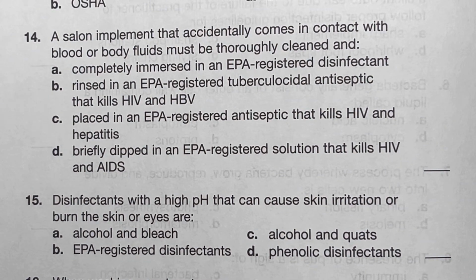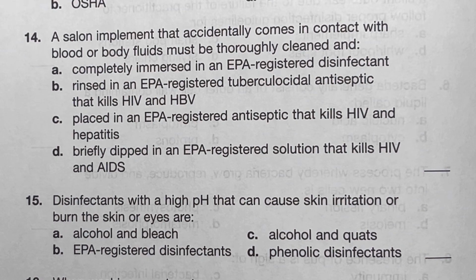Number 15. Disinfectants with a high pH that can cause skin irritation or burn the skin or eyes are A. Alcohol and bleach. B. EPA-registered disinfectants. C. Alcohol and quats. D. Phenolic disinfectants. And the correct answer is D. Phenolic disinfectants.